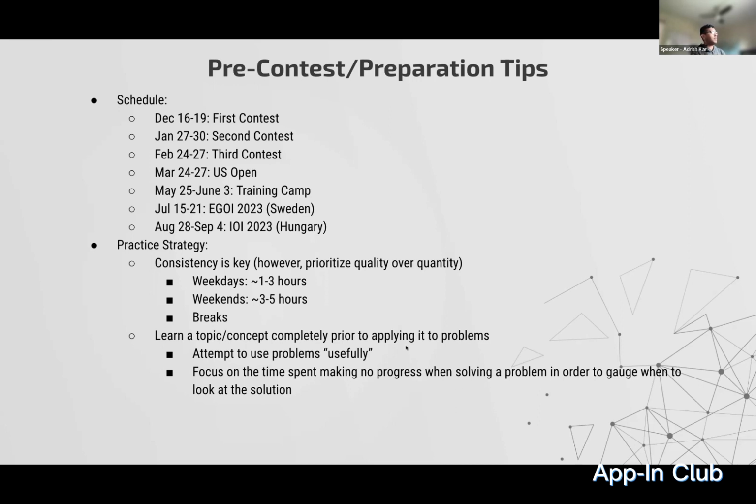And typically people say about 15 minutes. If you've been working on a problem and it's been 15 minutes that you've made no progress, you should just look at the solution and learn and absorb as much of that knowledge as possible. But I think maybe 15 to 30 minutes of making no progress is good.